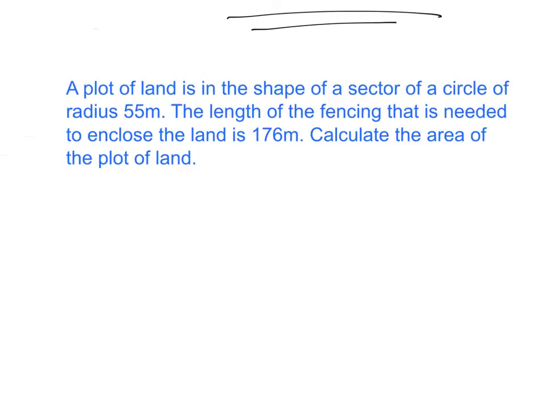Let's just have a little diagram of what's going on in order to start labelling things. So I've got a sector, nice pizza slice. The radius is 55 metres, so I can label that.